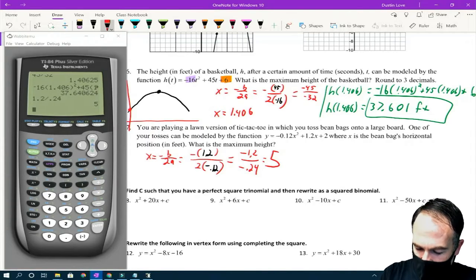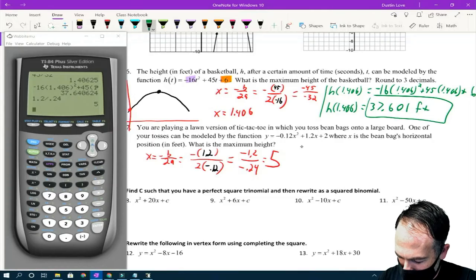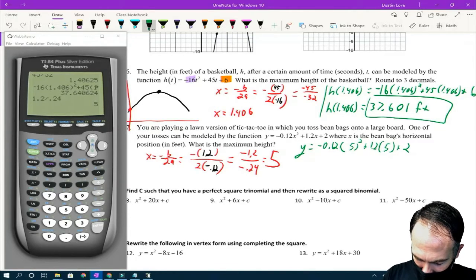Okay, it's 5. Now, we go ahead and plug that into the equation. Y equals negative 0.12 times 5 squared plus 1.2 times 5 plus 2.